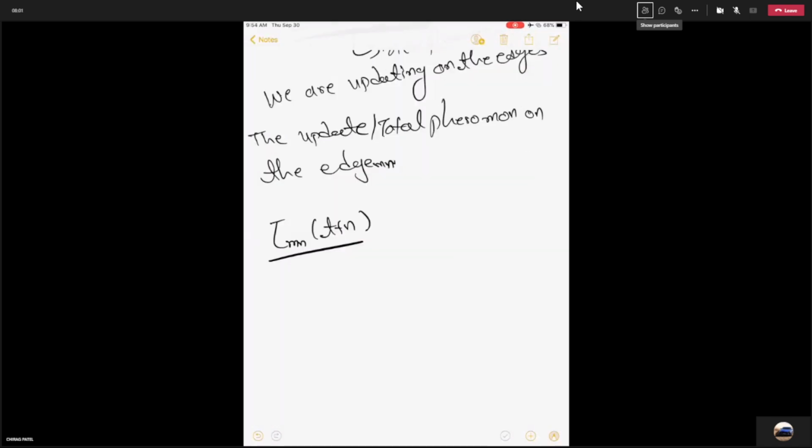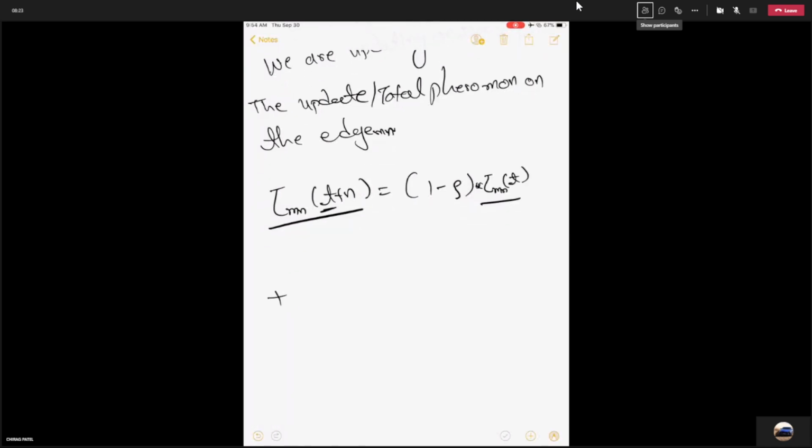Already we had a value of t because already at t time it had invented that path. It is 1 minus rho multiplied by tau mn of t. What is that t time? Plus the summation of tau mn of t comma t plus n.